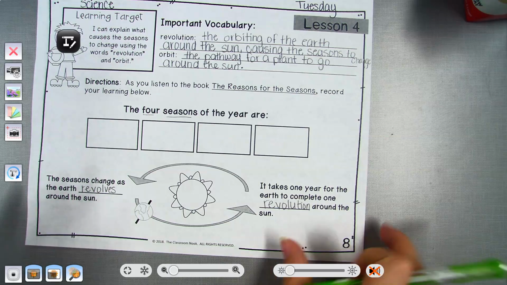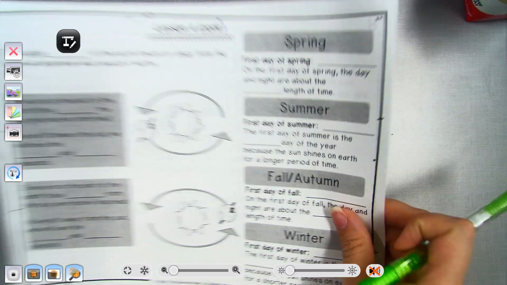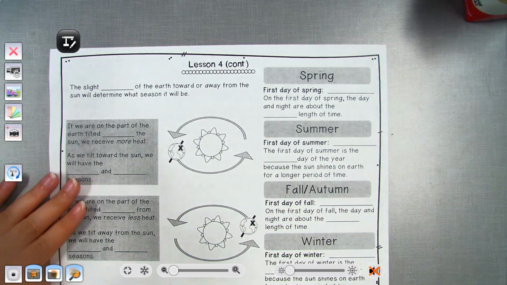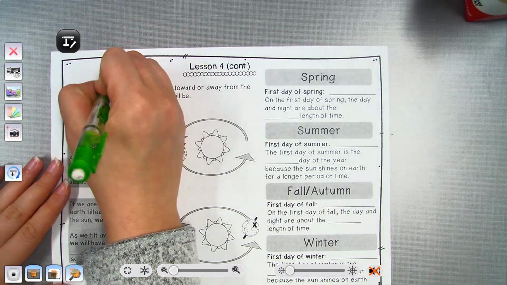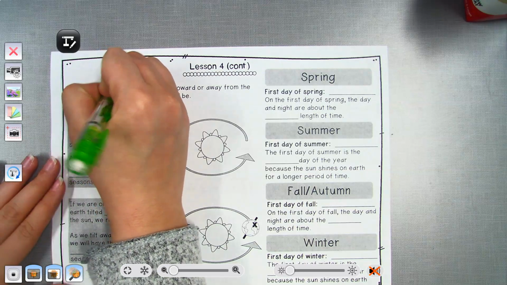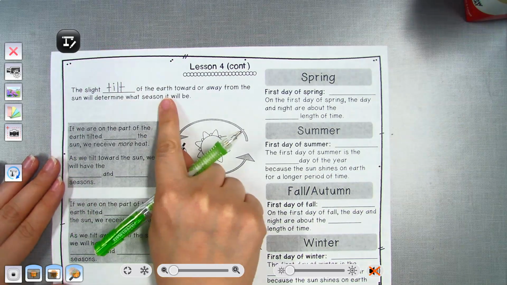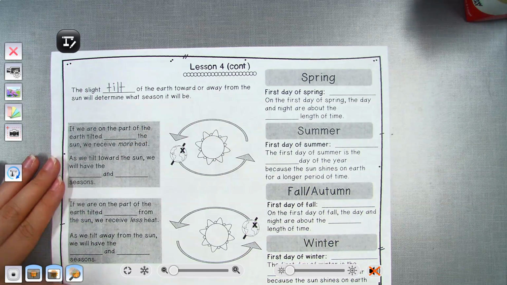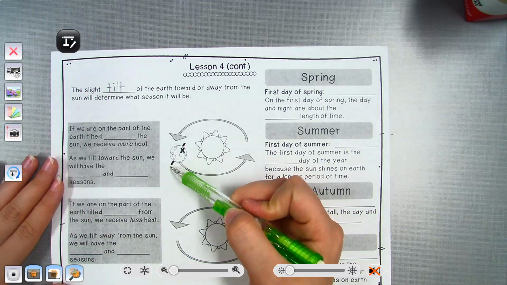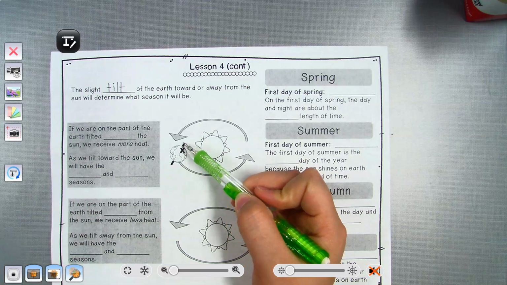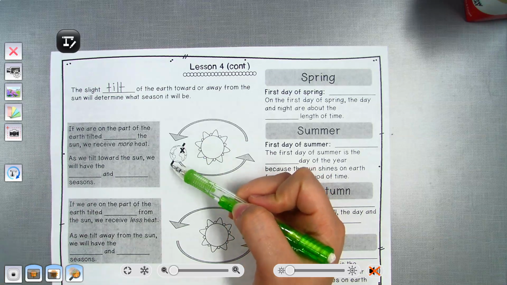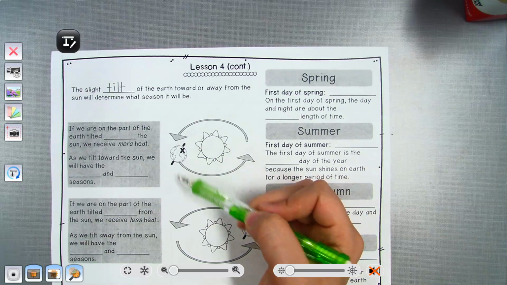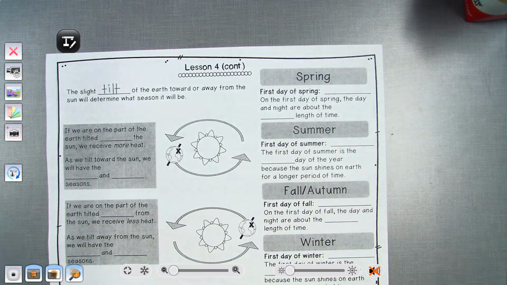So let's look at that. Turn your page over. Okay, so it says the slight tilt of the earth, because the earth, remember, is tilted, towards or away from the sun will determine what season it will be. So the way the earth is tilted towards the sun or away from the sun is how we get our seasons.